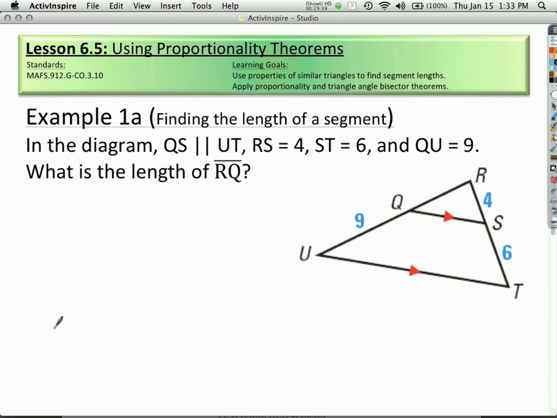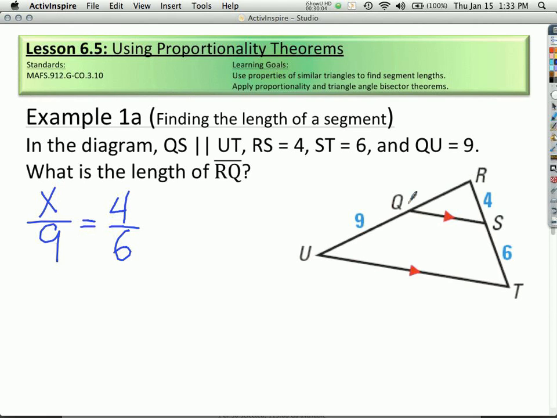How did you do it? X over 9 equals 4 over 6 because of triangle proportionality. Say it one more time. X over 9 equals 4 over 6.